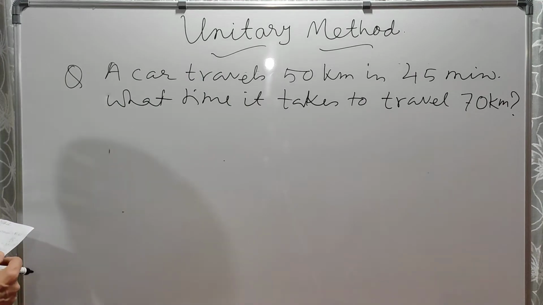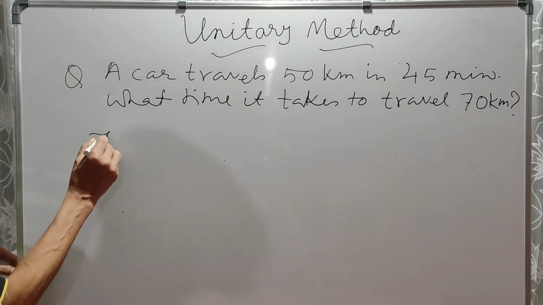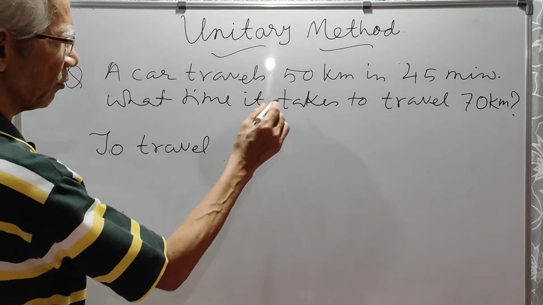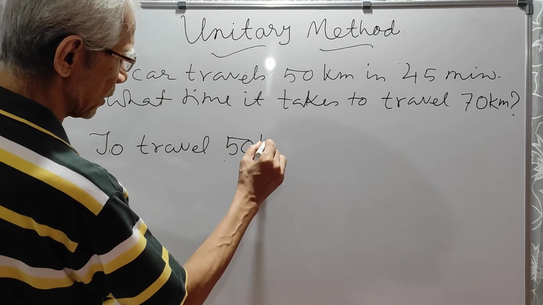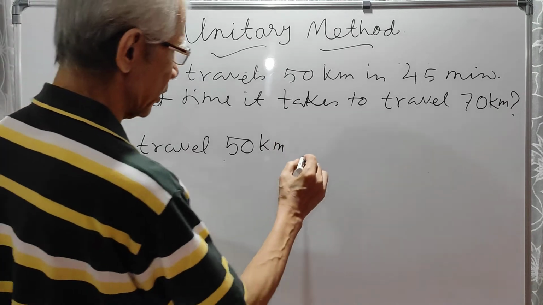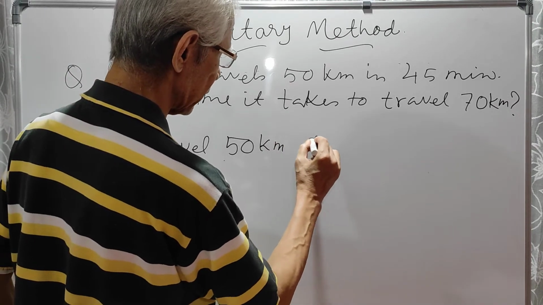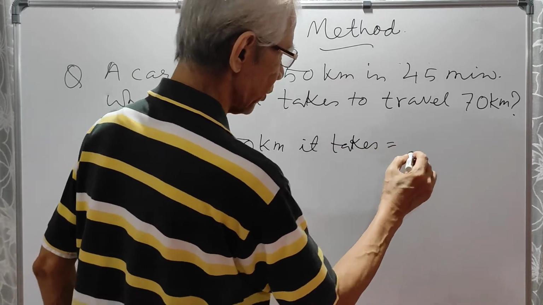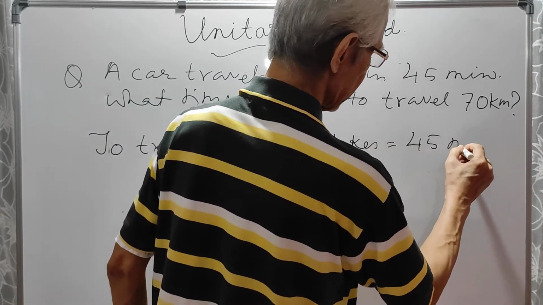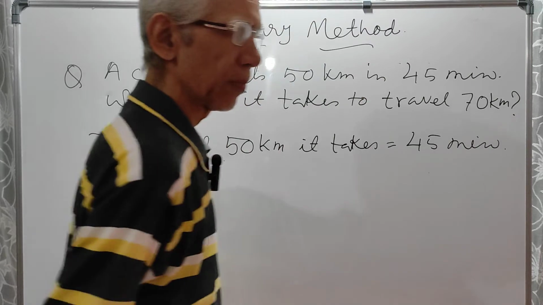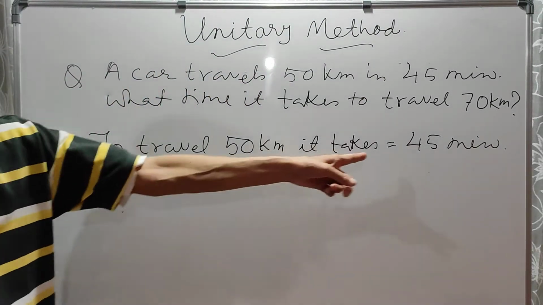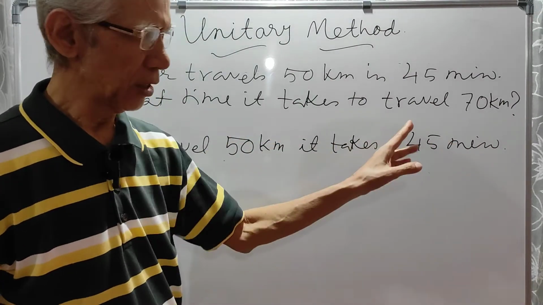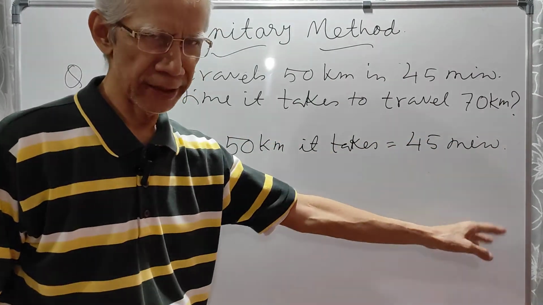Again we proceed this way. This is how you write: to travel 50 kilometer, the car takes 45 minutes. And when you write these sentences, try to write always in one line. Do not extend to the next second line.